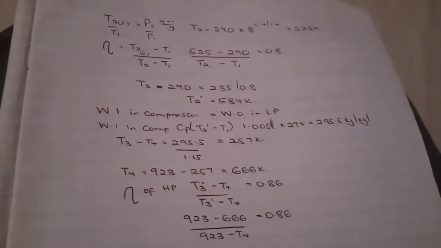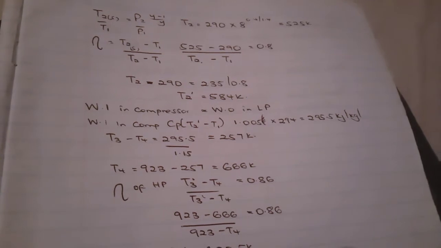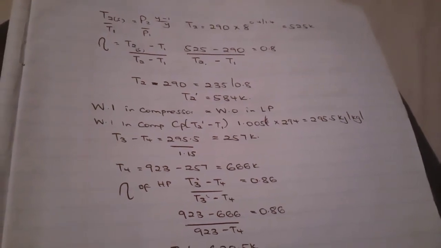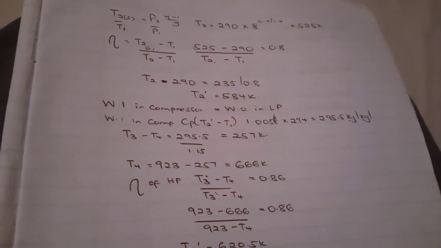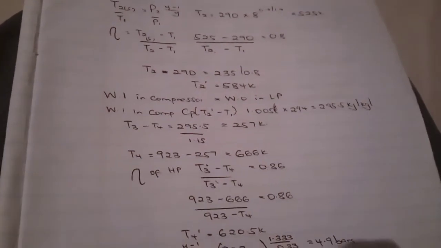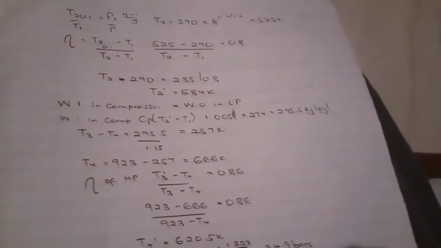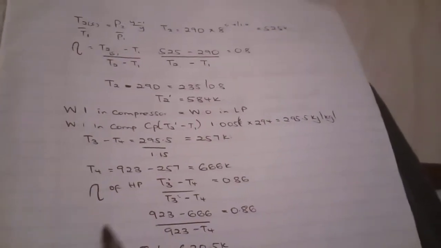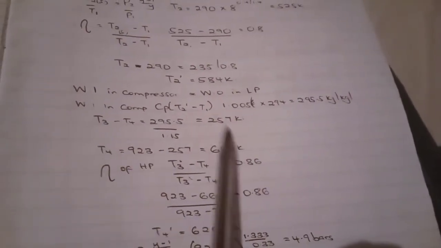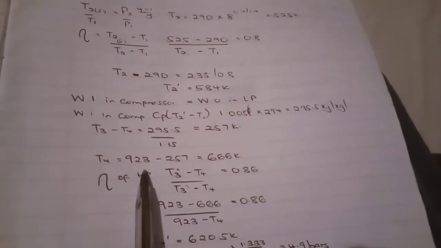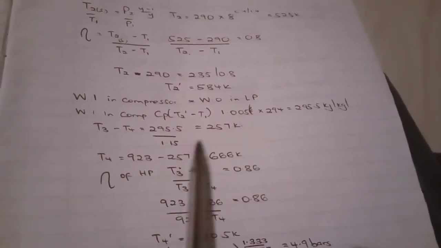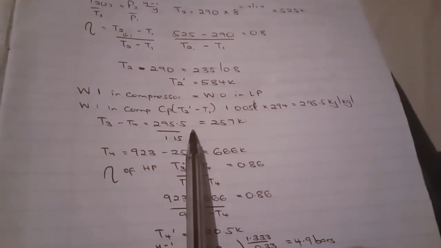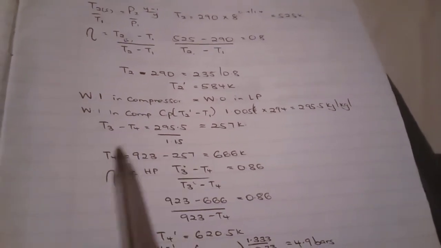You remember that T3 is the temperature at the highest point, which was 650. After converting it, you get 923 Kelvin.